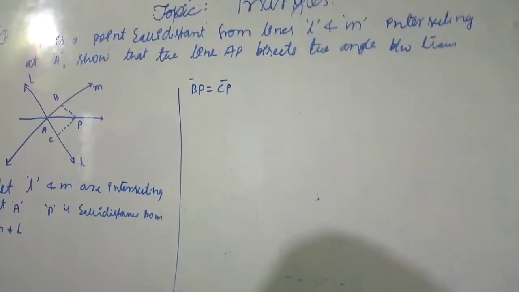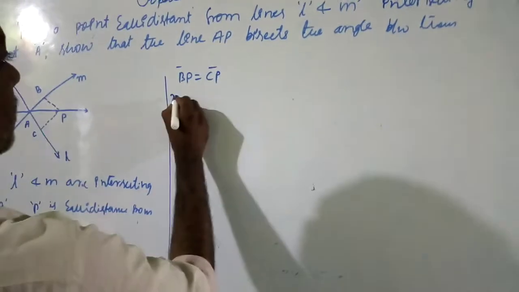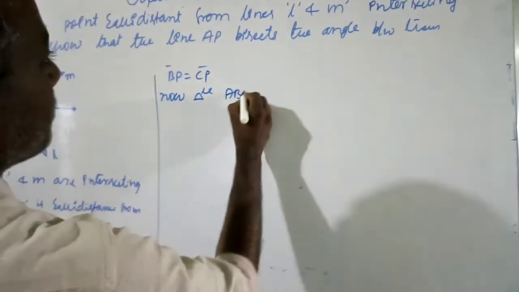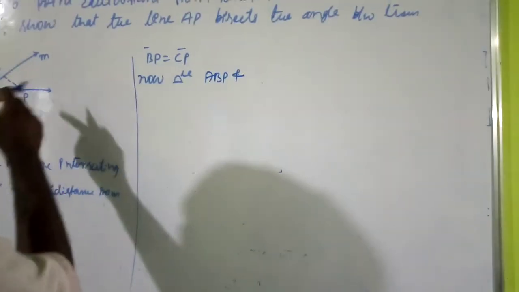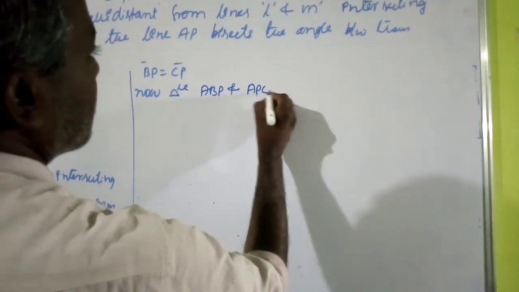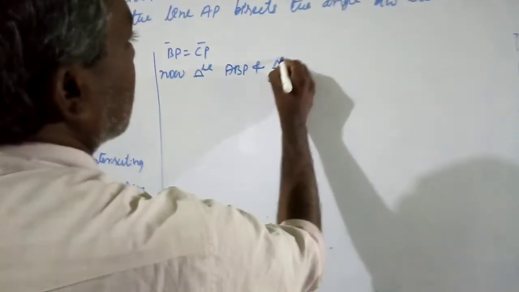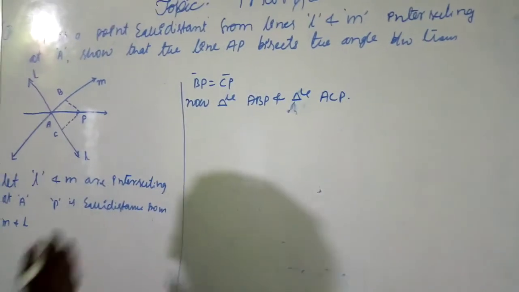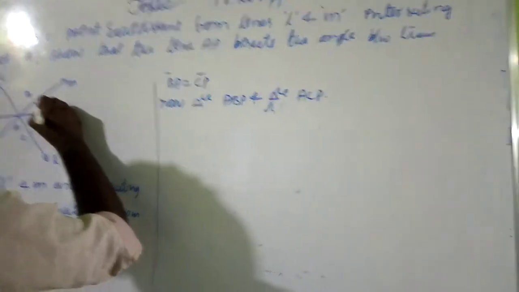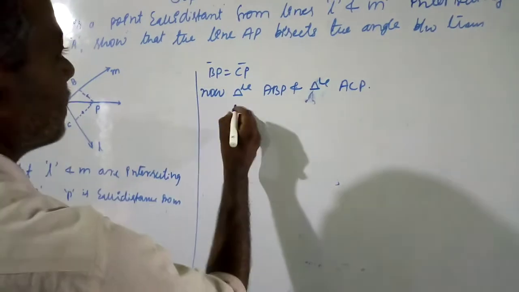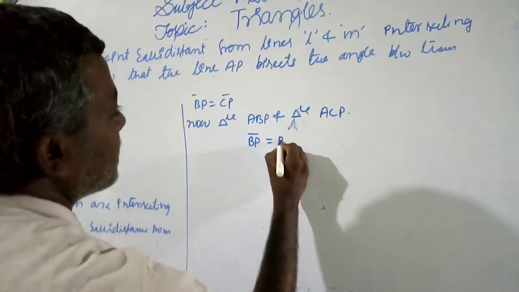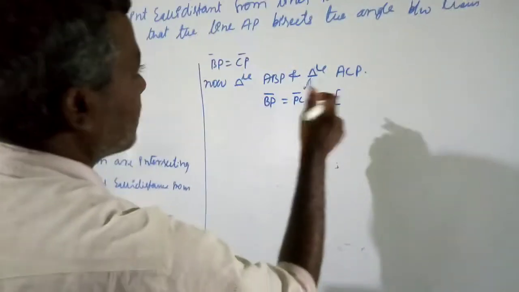Now consider triangle ABP and triangle ACP. These are the two triangles to take into consideration. In these triangles, side BP is equal to side PC, which is already given. This is a side.